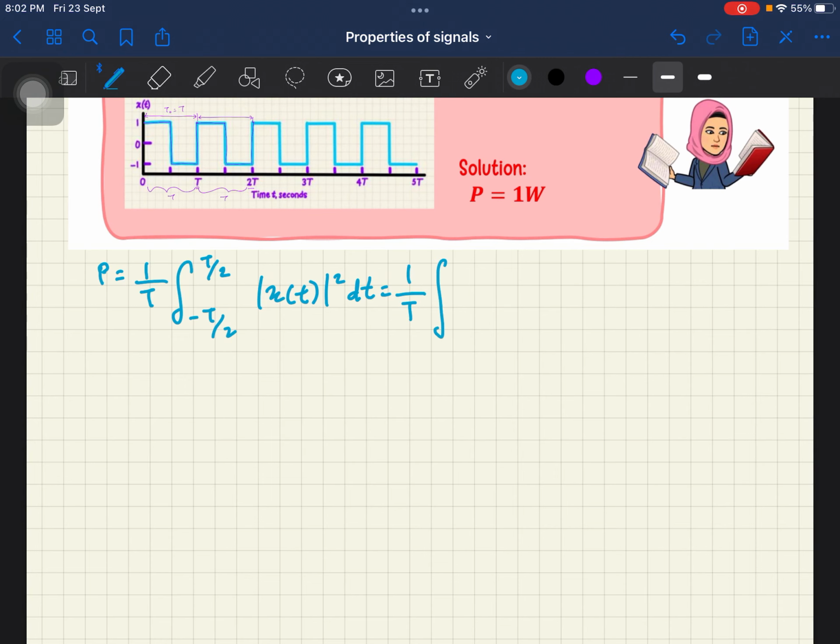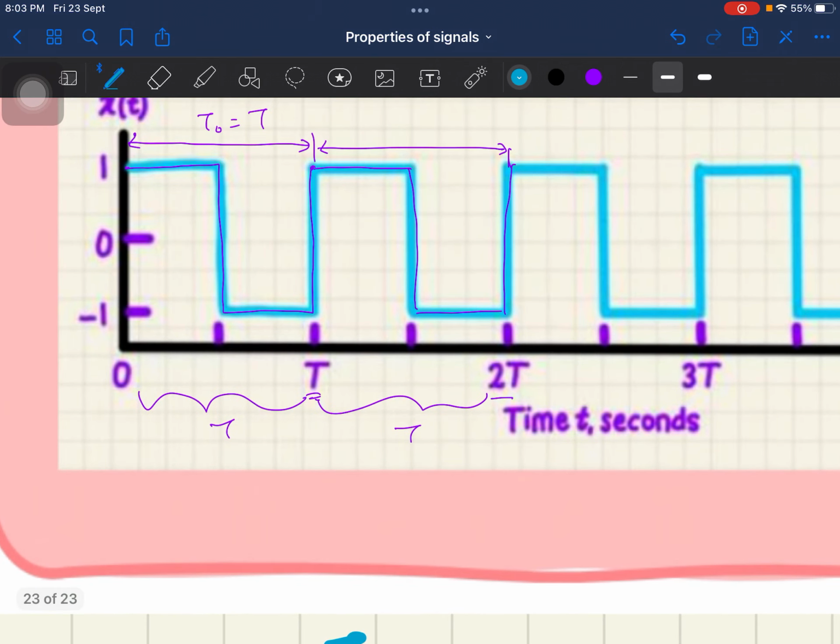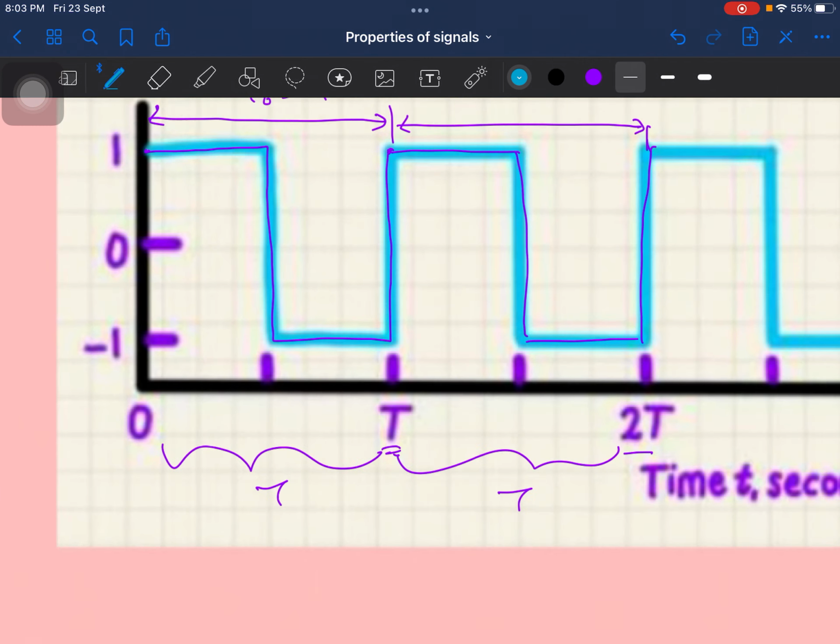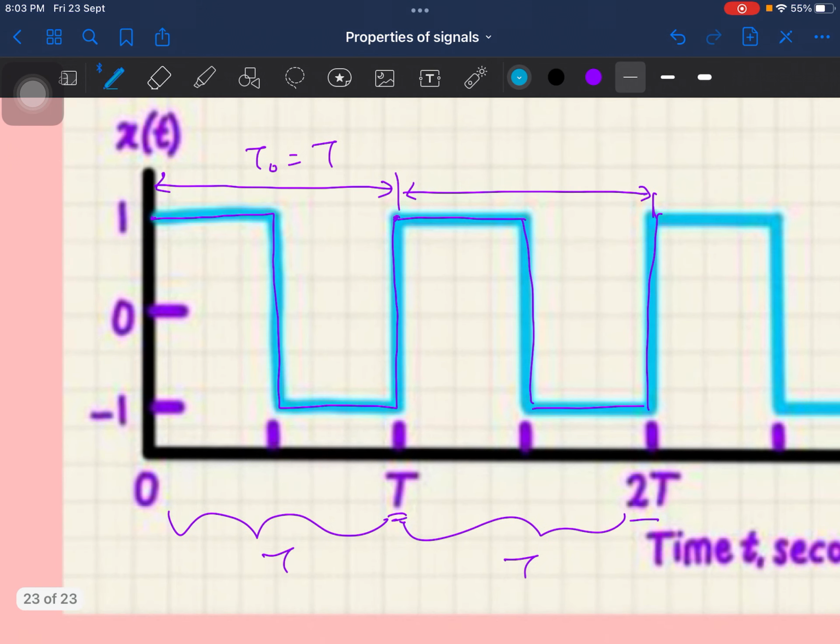Now for the integration part, let's examine our signal again. For this one period of our signal from 0 until T, we can see that from 0 until T over 2, the amplitude of our signal is positive 1.